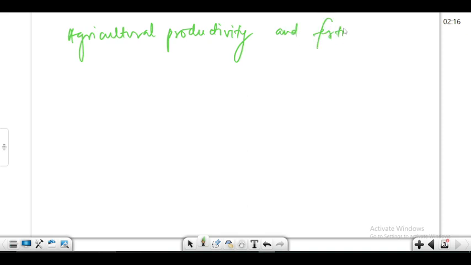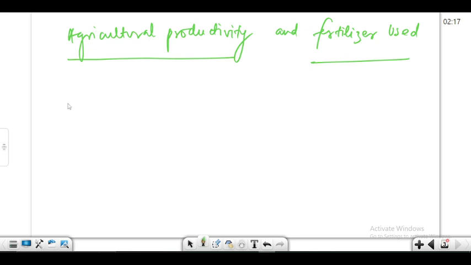Suppose we have agricultural productivity and fertilizer used. We have these two variables, wherein one is agricultural productivity and the other is the amount of fertilizer used. We are trying to check whether agricultural productivity is affected by the amount of fertilizer used.